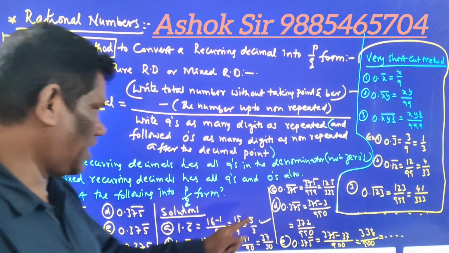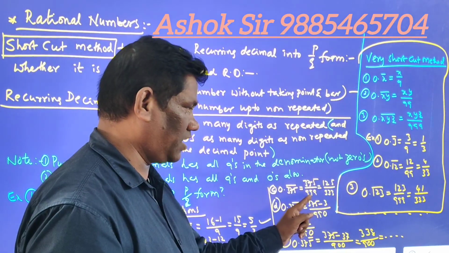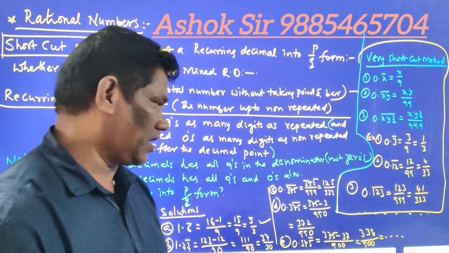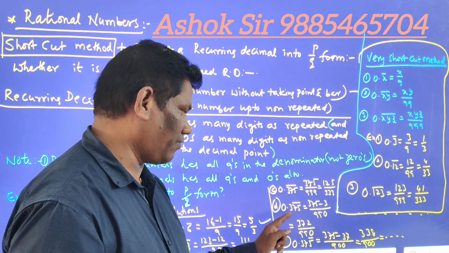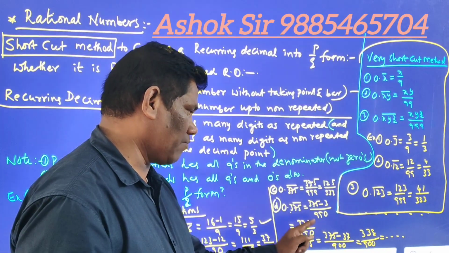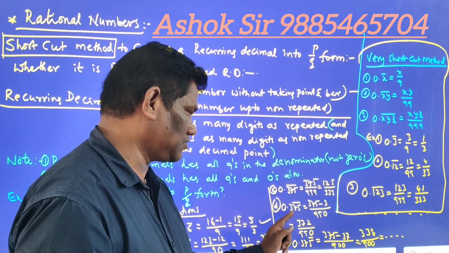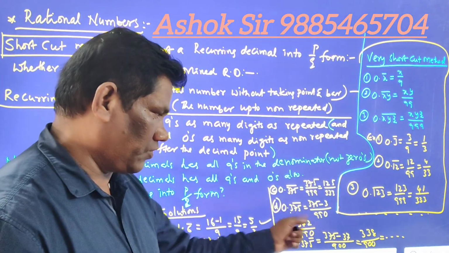Next, 0.375 bar is a pure recurring decimal, that's why we get all nines, that is 375 by 999, and then we can simplify. Next, 0.375 with only 75 barred: that is 375 minus 3, the non-repeating part, by 990. Two digits are repeating, that's why two nines, and after the decimal point one digit is not repeating, that's why one zero, and you can simplify.